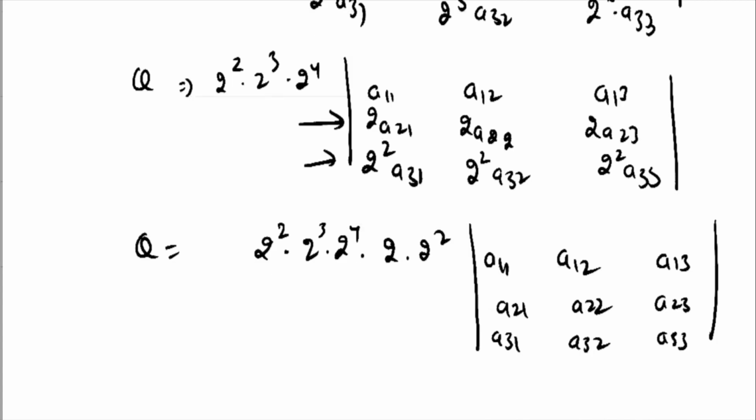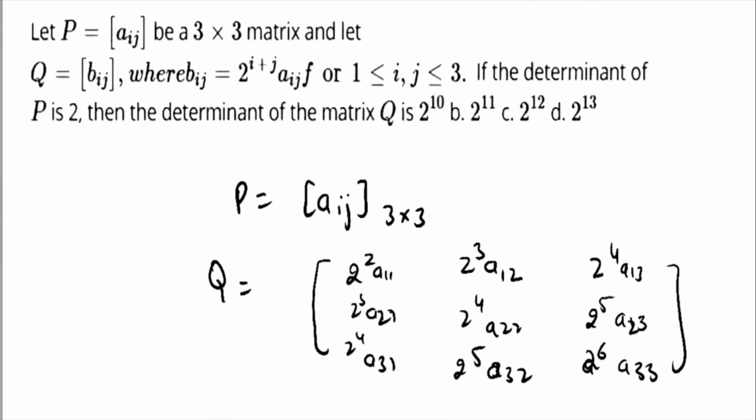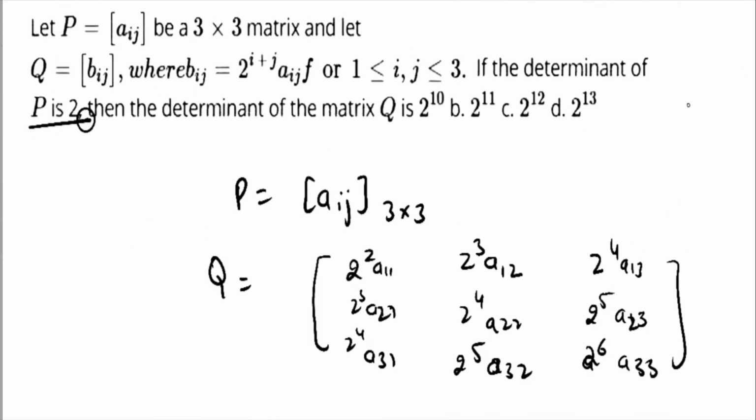Now here we have Q is equal to, here base is same, so the powers will add. So here we have 2 raised to power 12 into, here we have this value is our P according to the question, and also we have given that the determinant of P is 2.